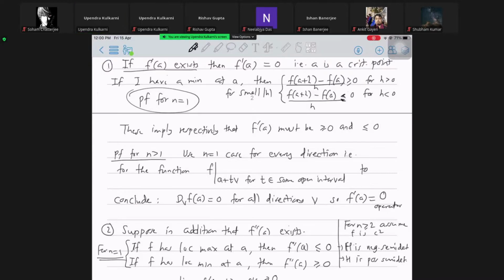I'm assuming sufficient differentiability everywhere, whatever is required, but we will write down a precise statement. So I first identify critical points, and then looking at the double derivative, can I say that this function actually has a minimum or a maximum or neither. Okay. So that's the question that we want to answer today.